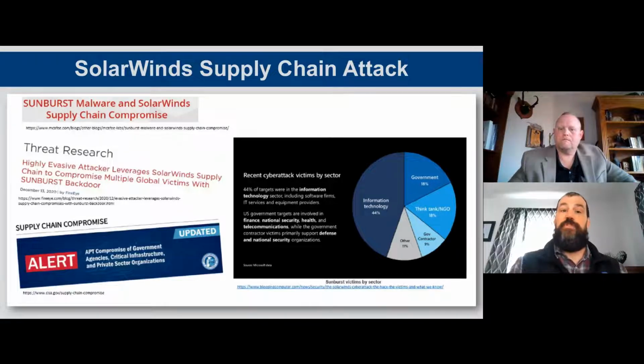They were able to do that. They ended up putting malware into the systems. And so the updates that were delivered from SolarWinds, with certificates and everything on them, had malware in them.